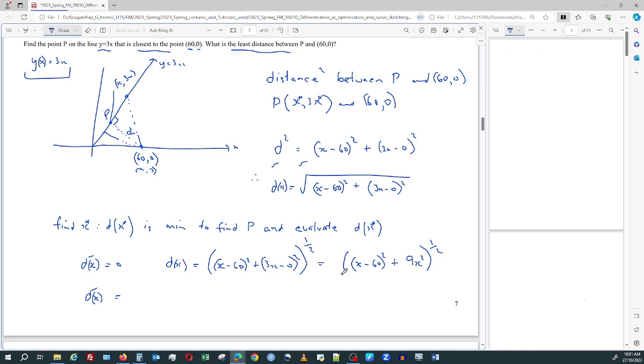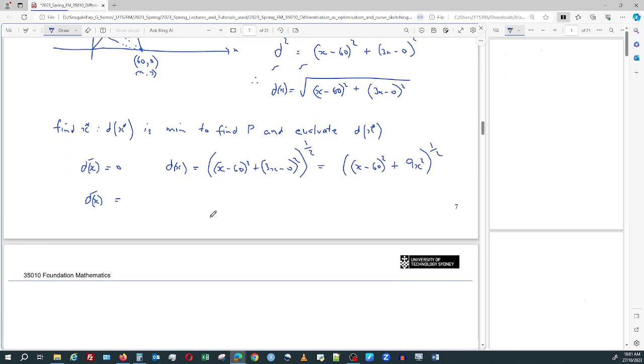So we've got to do all of the work. You can use shortcuts and all that kind of stuff, but we're not interested in doing that. Okay, so we've got all of this here. So I'm going to let m equal x minus 60 squared plus 9x squared.